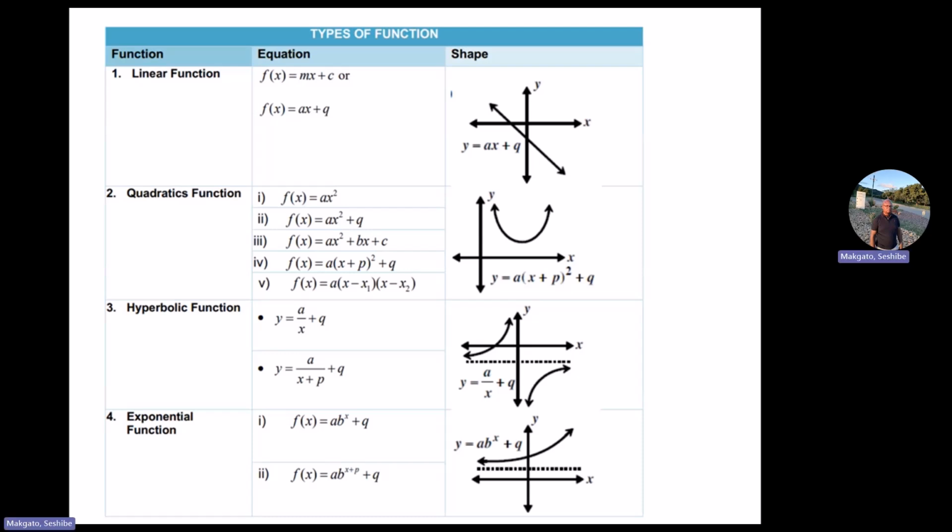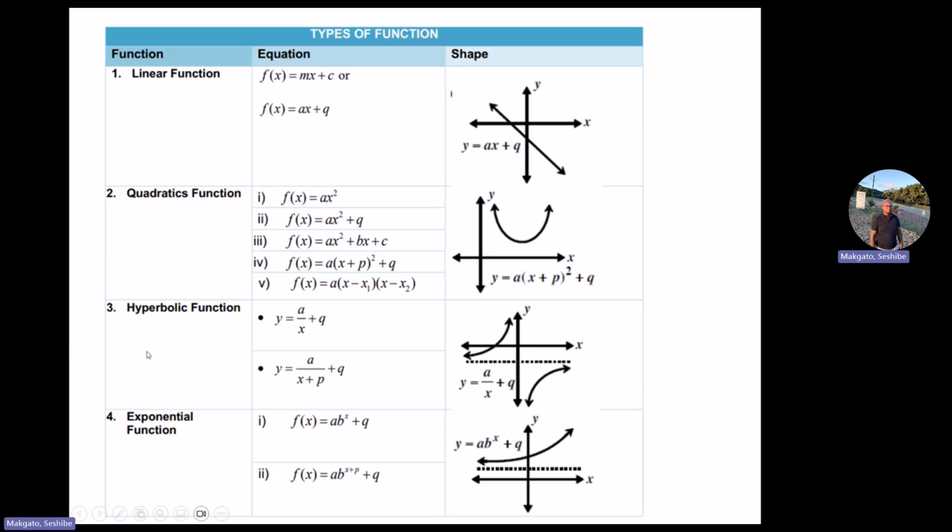The quadratic functions have various equations depending on how the shape looks. A quadratic equation can take any form of this. This is the equation, depending on your y-intercept, and from this, this will be the typical shape.